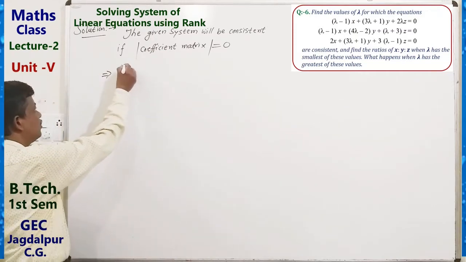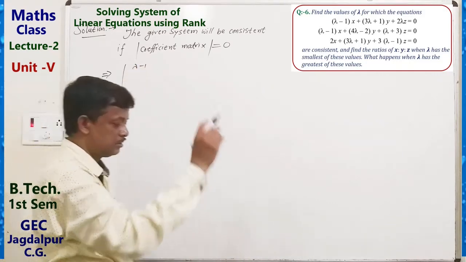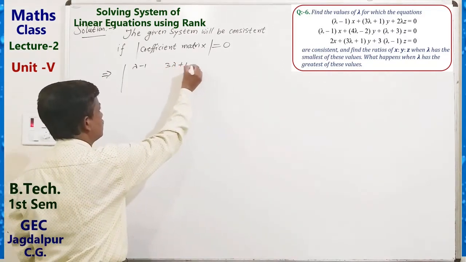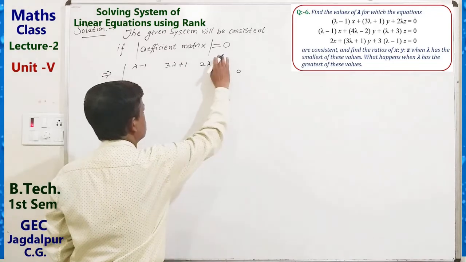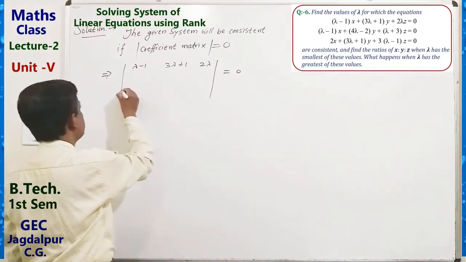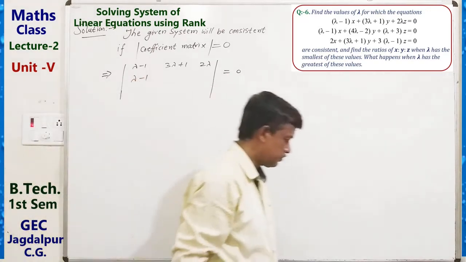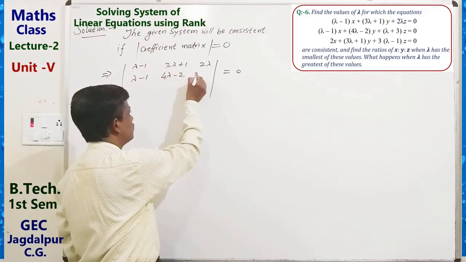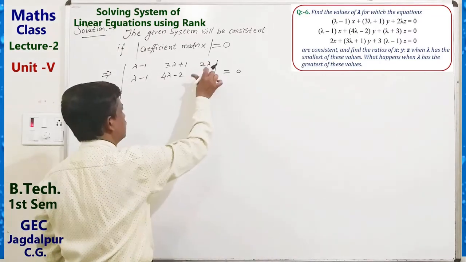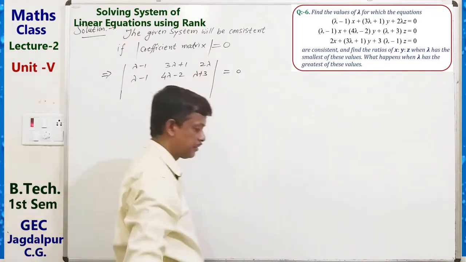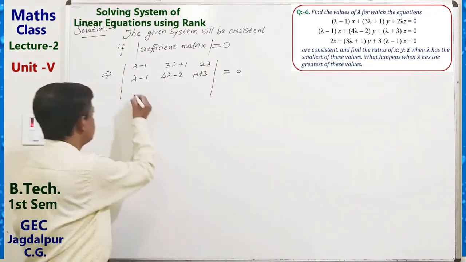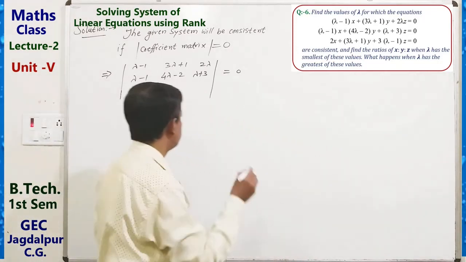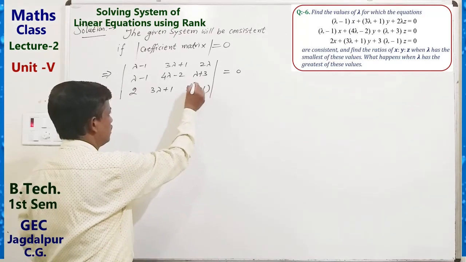That is, here the determinant of the coefficient matrix: just write lambda minus 1, 3 lambda plus 1, 2 lambda; then lambda minus 1, 4 lambda minus 2, 3 lambda plus 3; and 2, 3 lambda plus 1, 3 lambda minus 1, equals to 0.